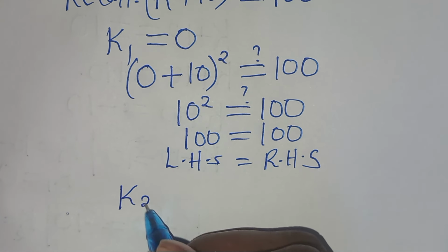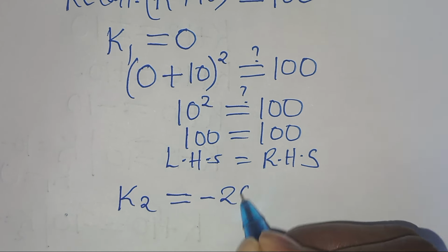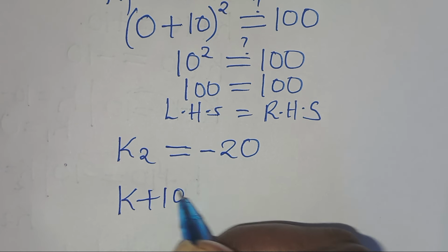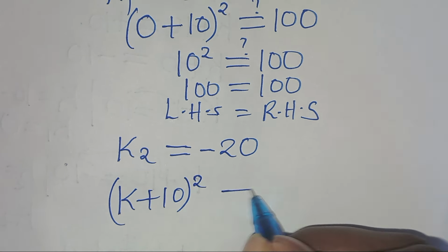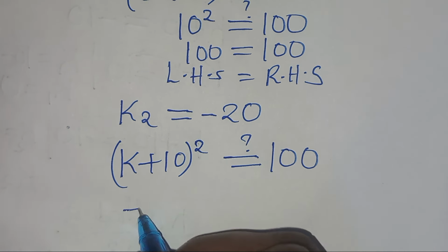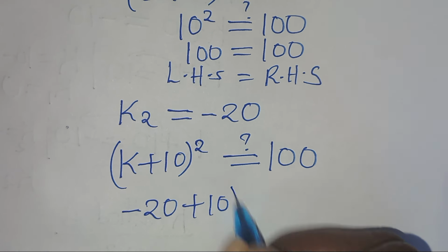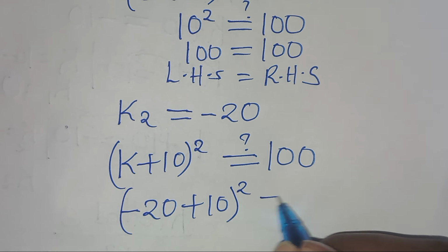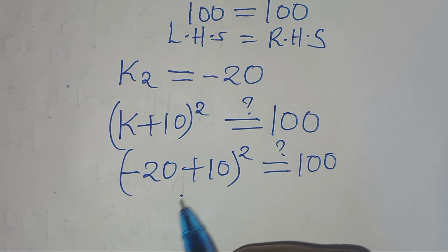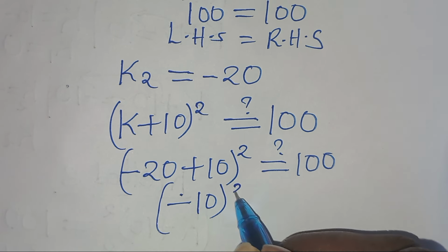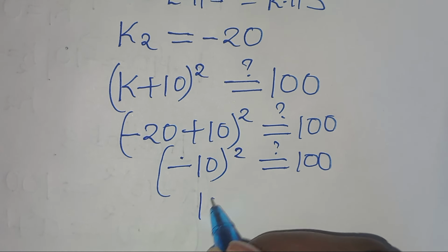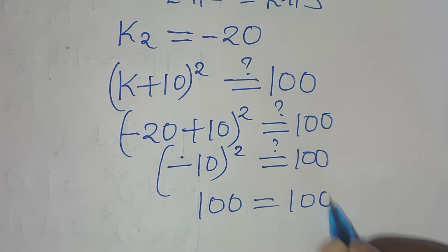Let's check k2 = -20. We have (k + 10)^2, which is supposed to give us 100. So here we have (-20 + 10)^2. -20 plus 10 is -10, raised to the power of 2. (-10)^2 is equal to 100.